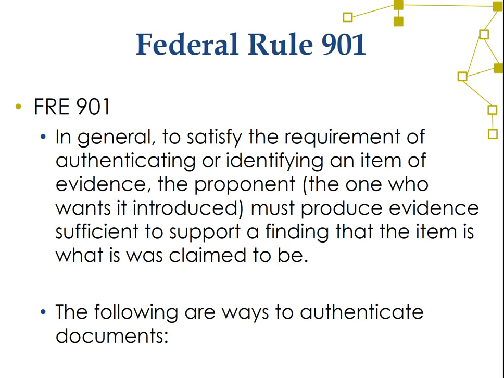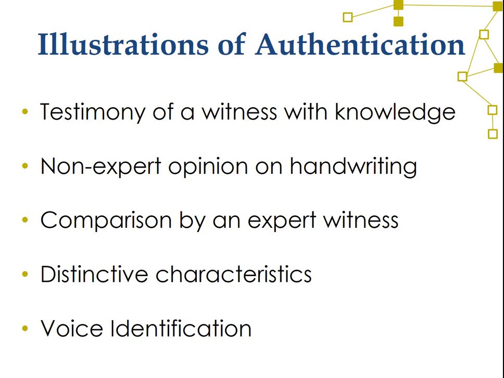And here are, again, some of those ways to authenticate. Now, if you're following along in your textbook, I'm at the top of page, I think, 211. So the first, testimony of witness with knowledge. So testimony that an item is what it's claimed to be.